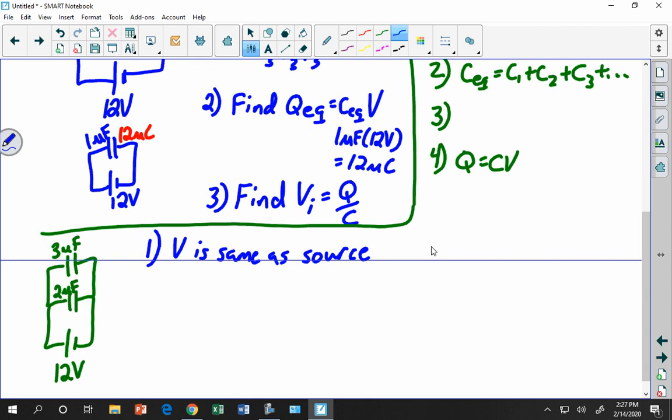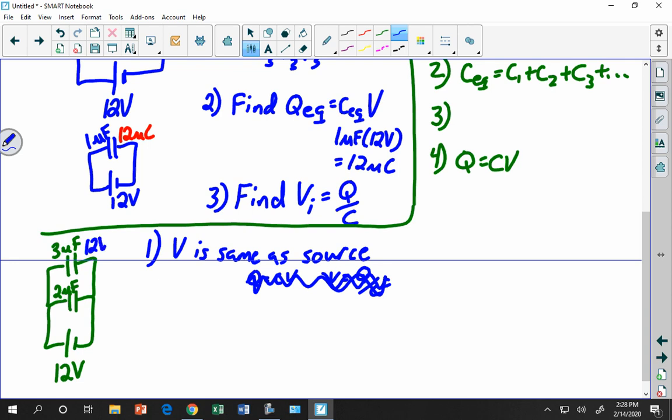What's my voltage then across the 3 microfarad? Let me remind you, Q is equal to CV, so V is equal to Q divided by C. What is the voltage across the 3 microfarad? It's 12, yeah.